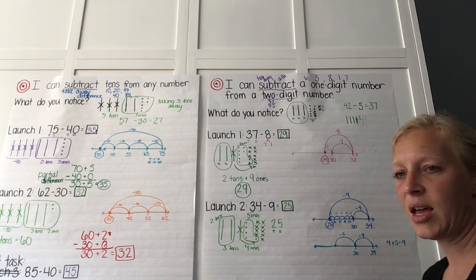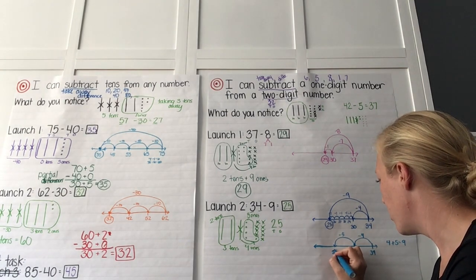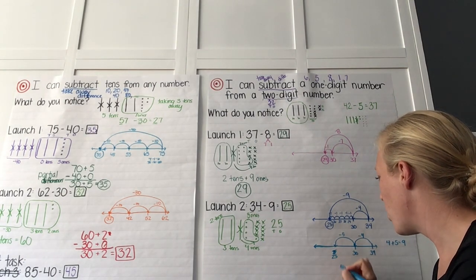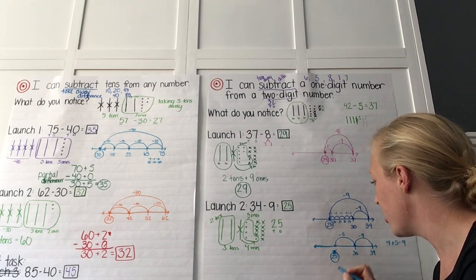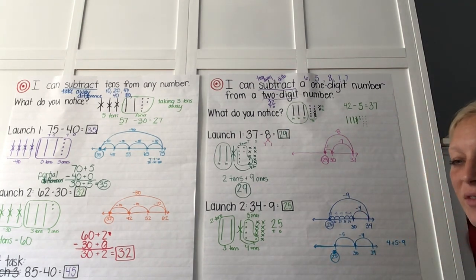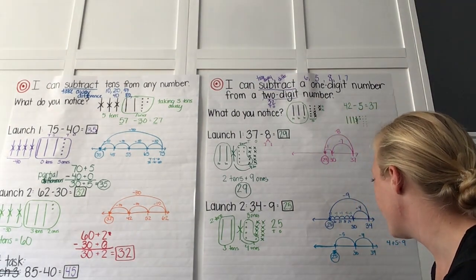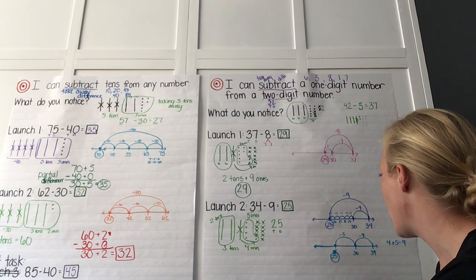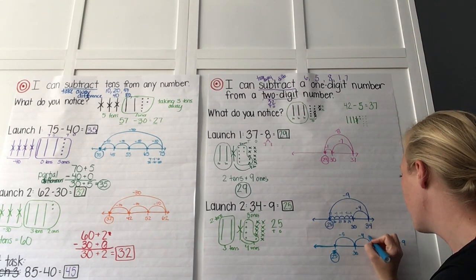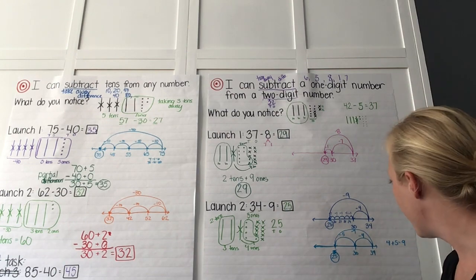All right, and where did you land? 25. And how did you know that you were going to be landing on 25? Because 5 and 5 is 10. 30, take away 5 is going to be 25. And again, where is your 9 in your number line? The 4 and the 5.